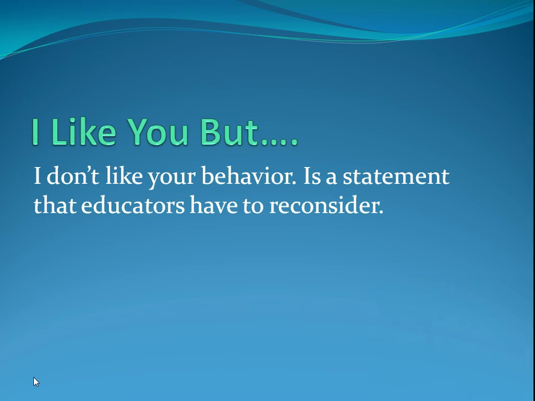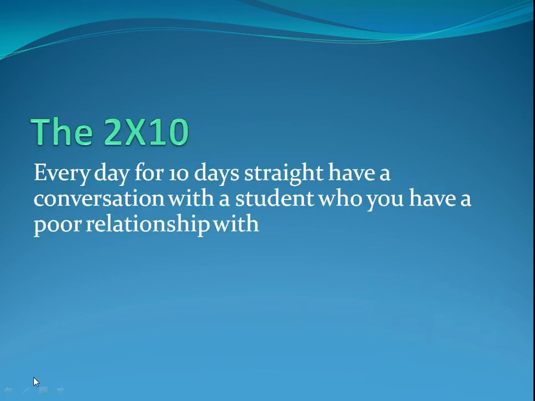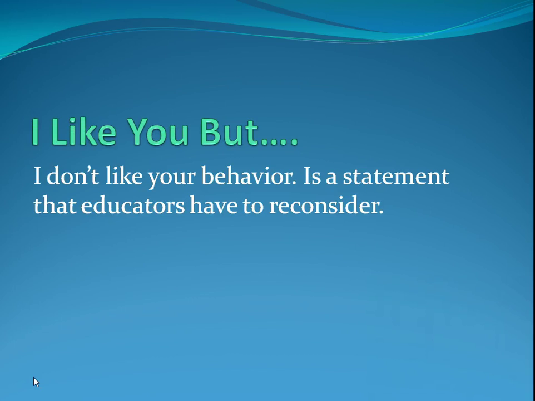So don't get trapped into this idea that I like you but don't like your behavior. Here's the 2x10. Every day, 10 days straight, have a conversation with a kid who you have a poor relationship with. And you can bet that that kid is one of the kids that you're saying, I like you, but don't like your behavior too.